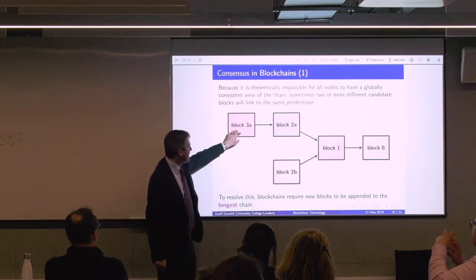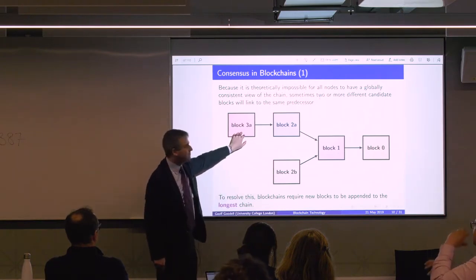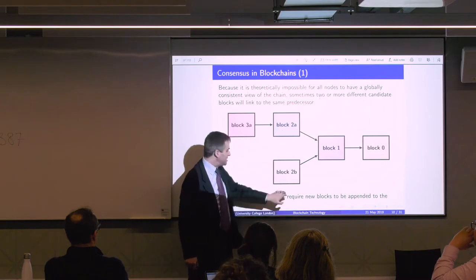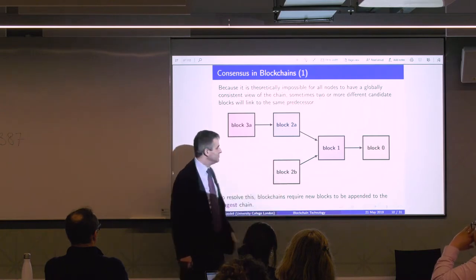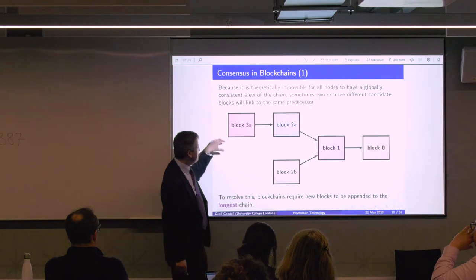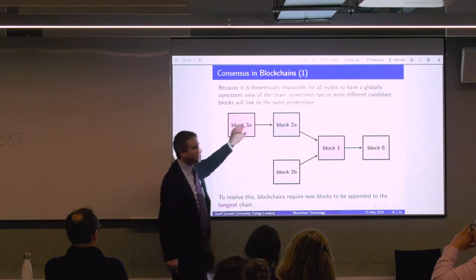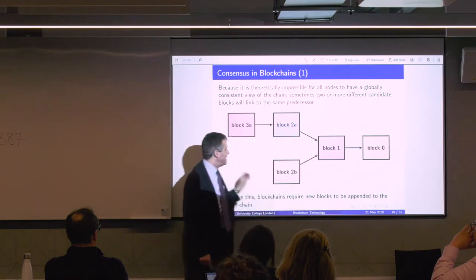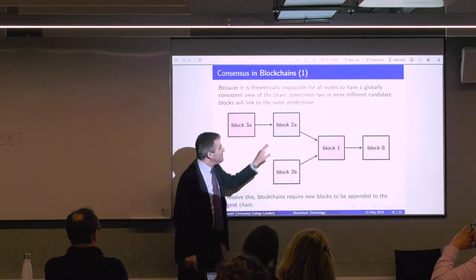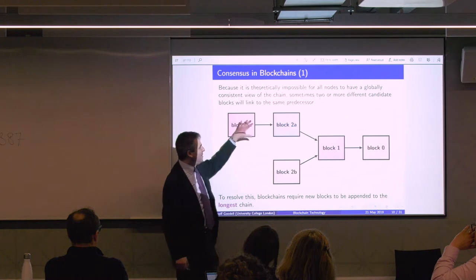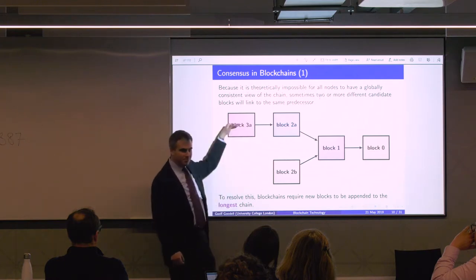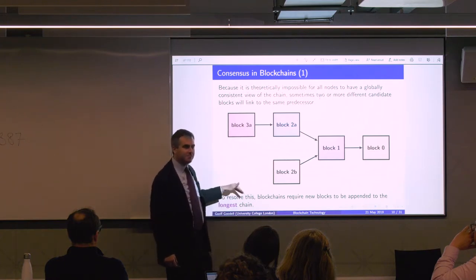Yes, there's a hash of block 2A in here. And there's a hash of block 1 in here. There's also a hash of block 1 in here. Someone looking at this block can say, there's a hash of block 2A, and there's a hash of block 1, and here there's a hash of block 1. They will be able to tell that these 2 views are different lengths.